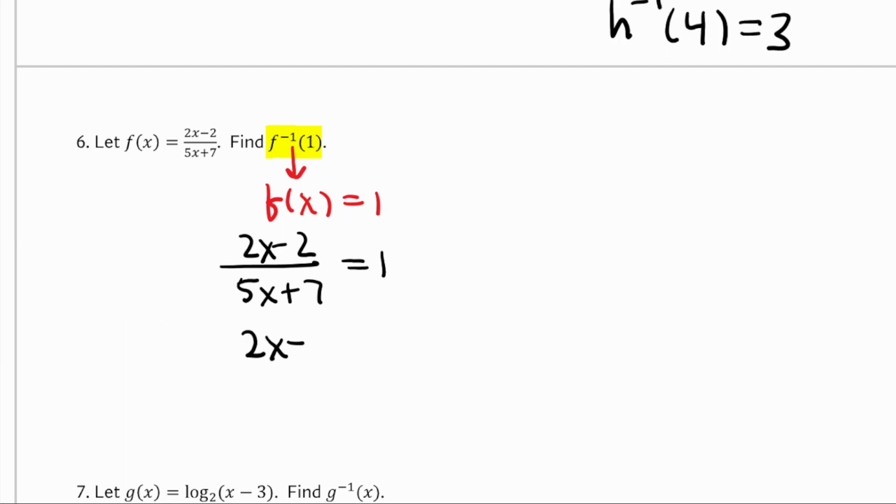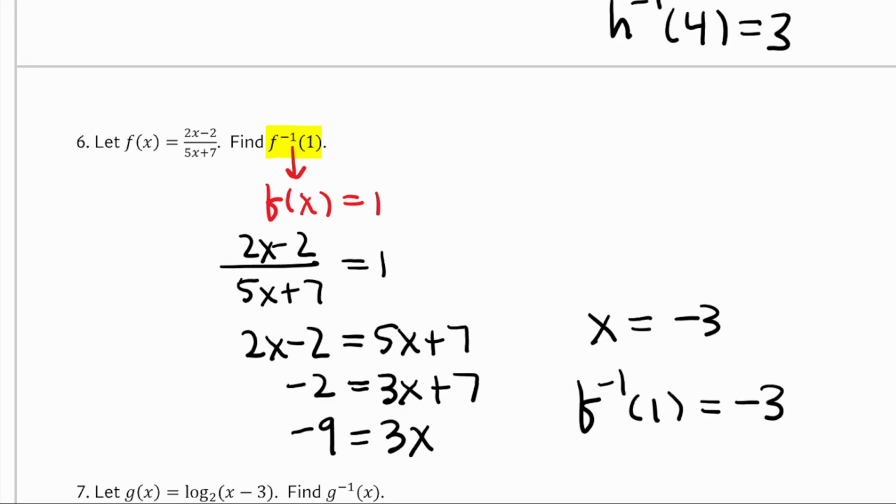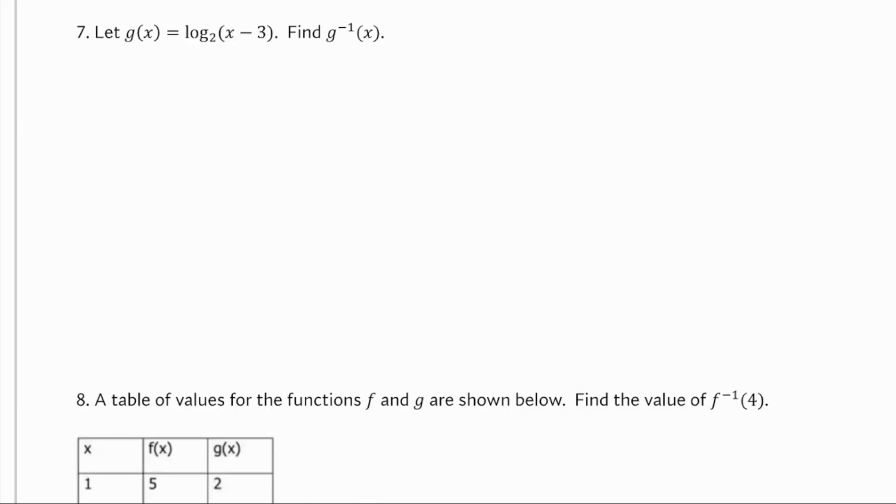Either way, I'd get 2x minus 2 needs to equal 5x plus 7, because 1 times 5x plus 7 will just be 5x plus 7. And then I'm going to solve for x by subtracting 2x from both sides, then subtracting 7 from both sides, and dividing by 3, and I can see that x is going to equal negative 3, so f inverse of 1 equals negative 3.